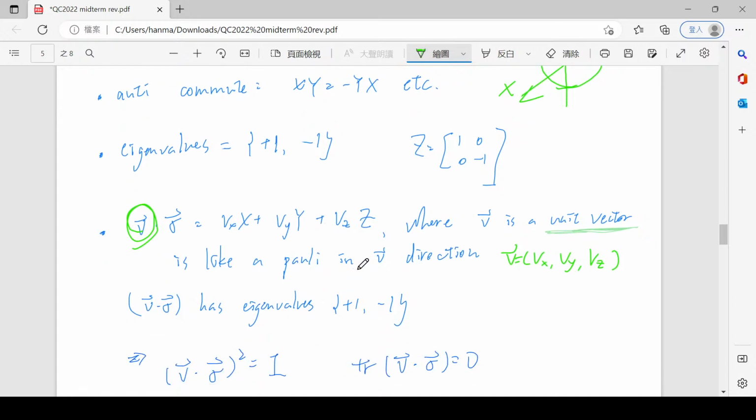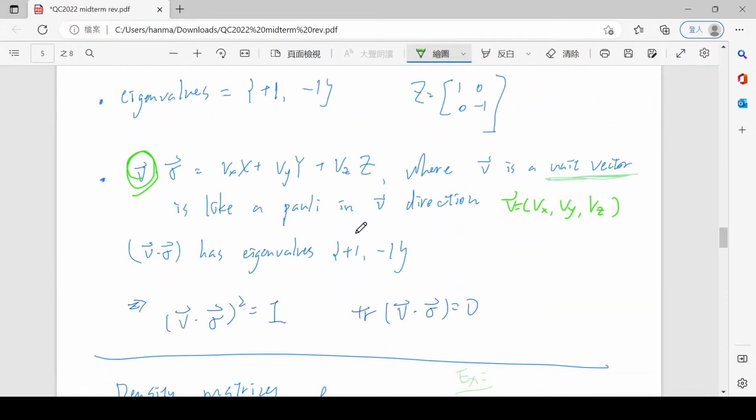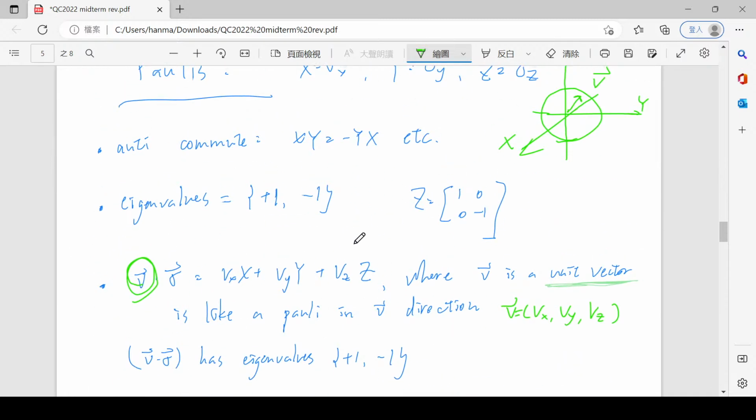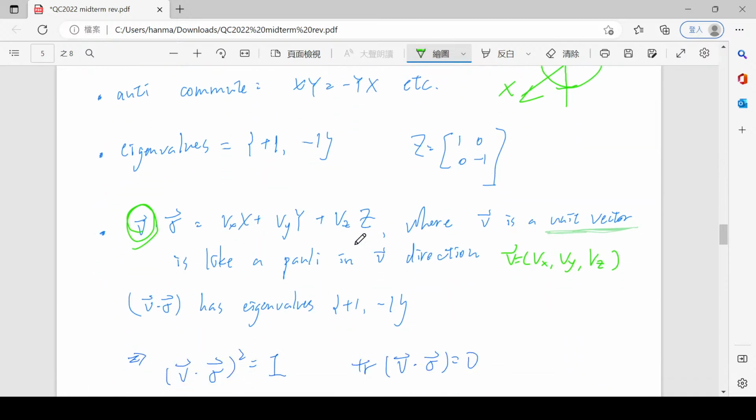And the thing you need to use most is that, as you proved in homework, this v direction Pauli, v inner product sigma, also has eigenvalues +1 and -1. That's the most important thing you need to remember.